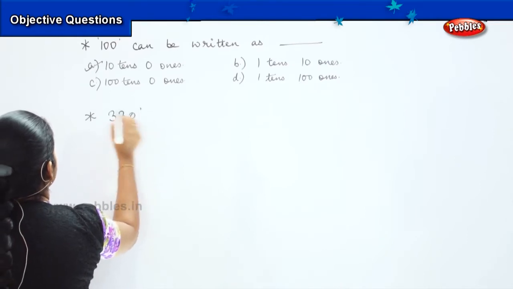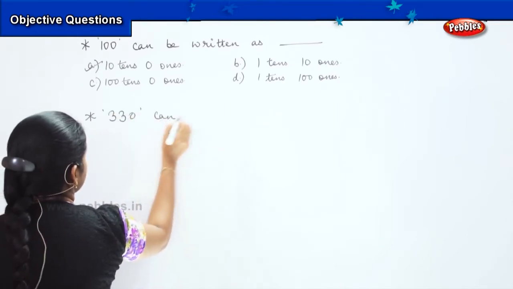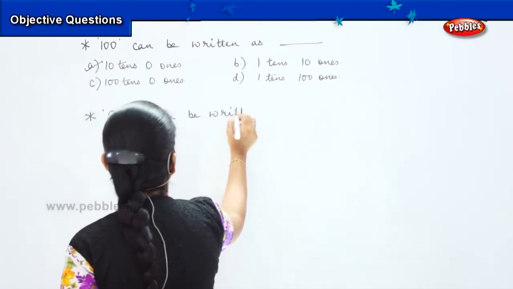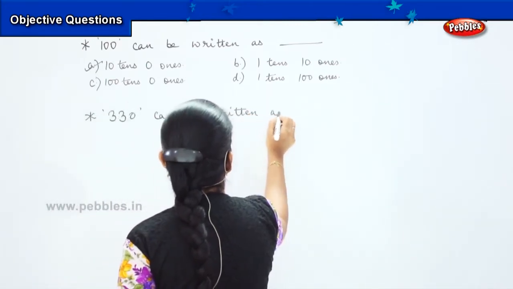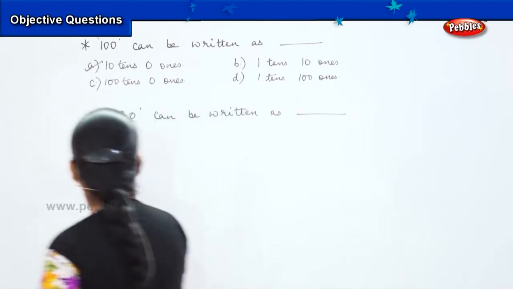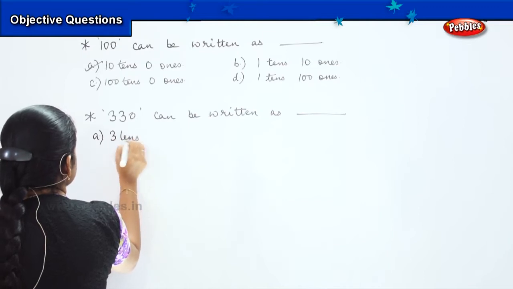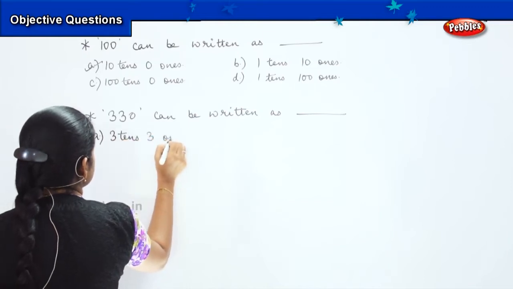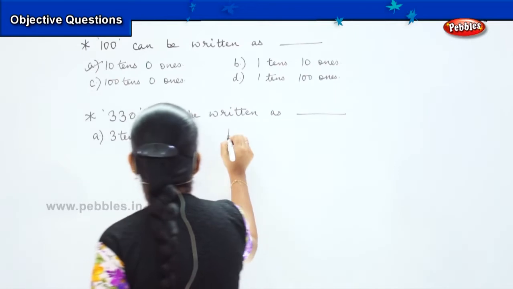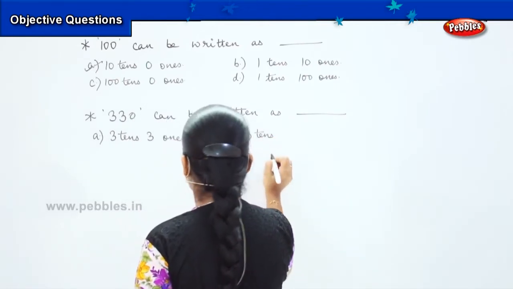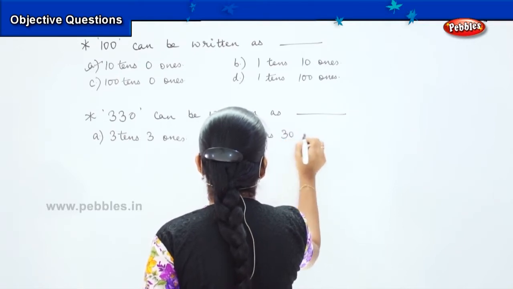330 can be written as dash. Okay. And my answers are 3 tens and 3 ones. My second option is 3 tens and 30 ones.